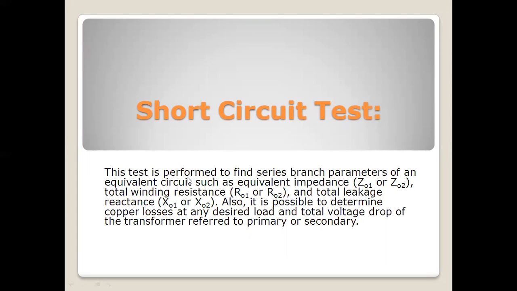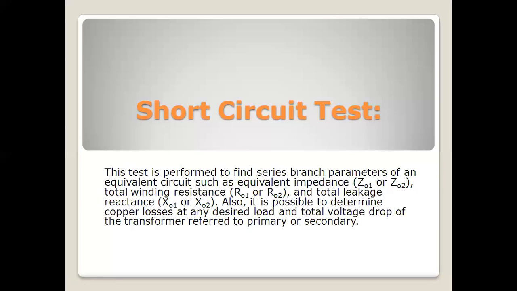So this test is performed to find the series branch parameters of an equivalent circuit, such as equivalent impedance, that is Z01 or Z02, total winding resistance, that is R01 or R02, and total leakage reactance, that is X01 or X02. Also, it is possible to determine the copper loss at any desired load and the total voltage drop of the transformer referred to primary or secondary.